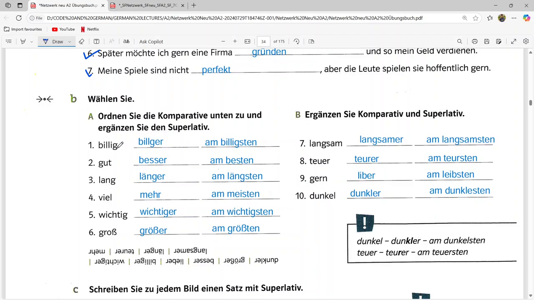Okay, so cheap, cheaper, cheapest, good, better, best, long, longer, longest, many, more, most, important, more important, most important, big, bigger, biggest, slow, slower, slowest, expensive, more expensive, most expensive, like, and this will be lieber, am liebsten.